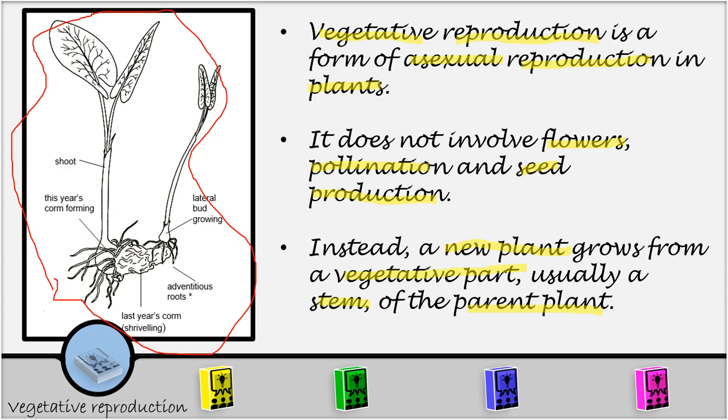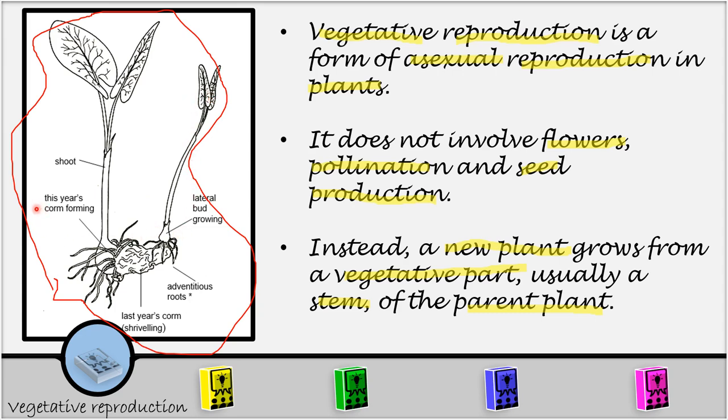Here you can see at the bottom what we call last year's corm, which is thriving, meaning that it is reducing in size. And here we have the lateral bud growing. On this old corm, we had a lateral bud growing, and this lateral bud is the one which is going to turn into a new plant.